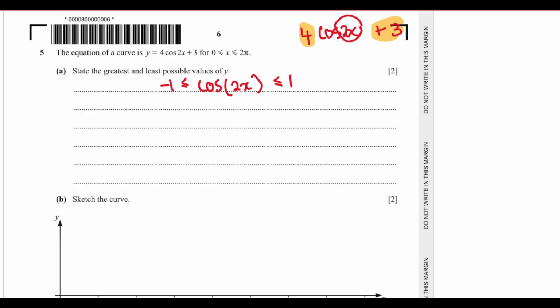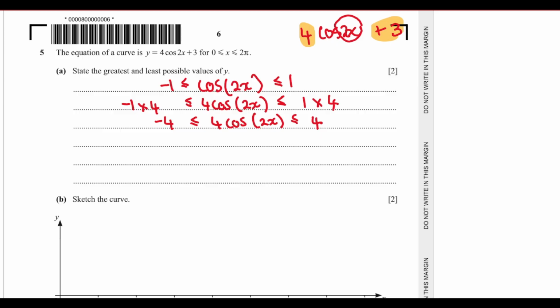Now we will multiply it by 4, so we'll have 4 cos 2x. So I need to multiply by 4, minus 4 is less than or equal to 4 cos 2x less than or equal to 4. So currently for 4 cos 2x, the least possible value is -4 for y. The greatest possible value is 4.